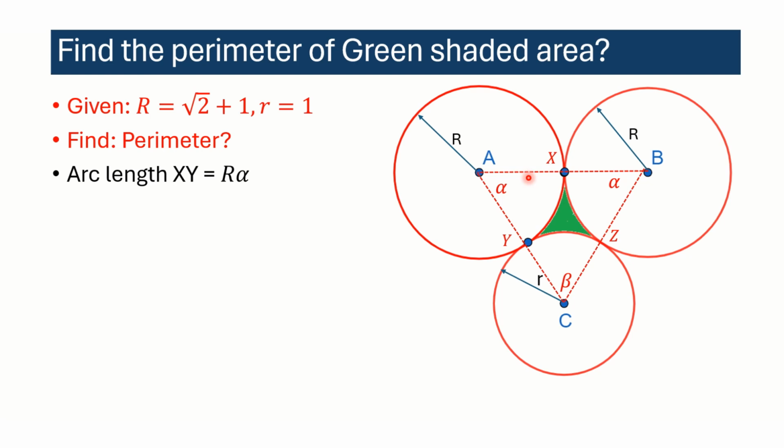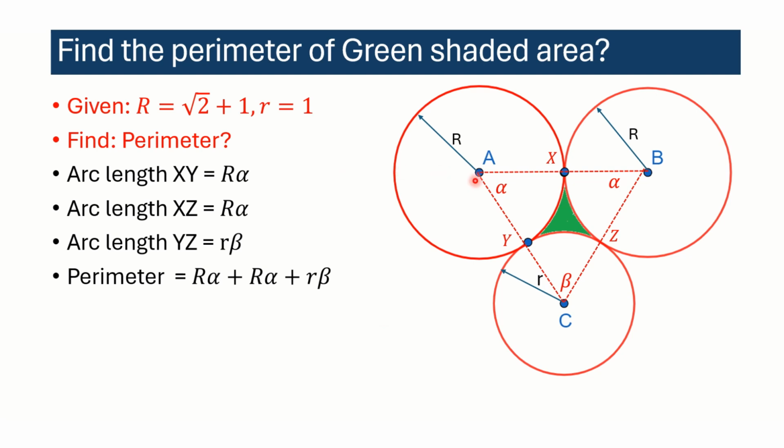So I can say the length XY is equal to R times alpha. Similarly, this arc length XZ will also be R times alpha. And this small r times beta will be YZ.